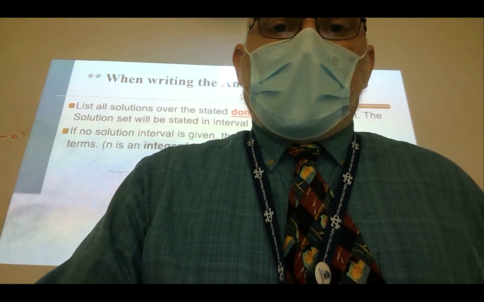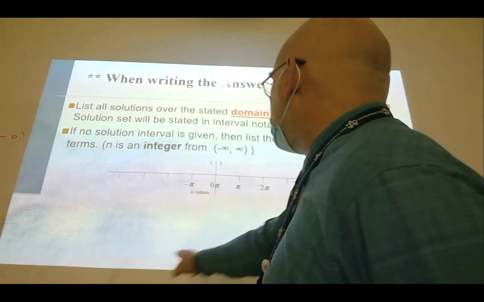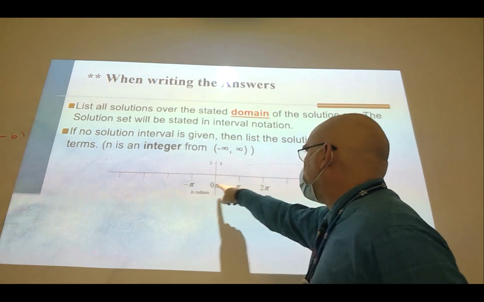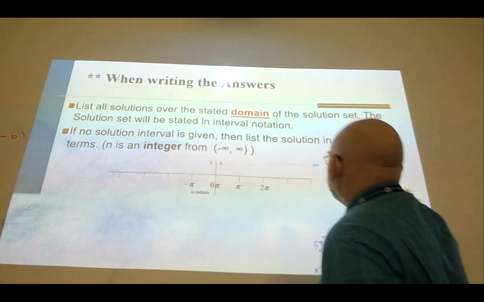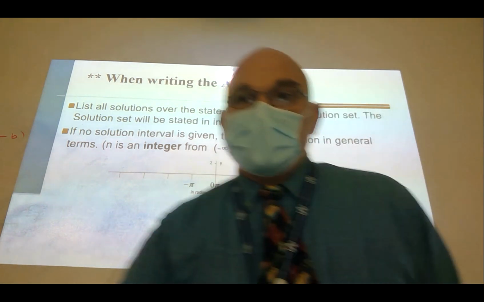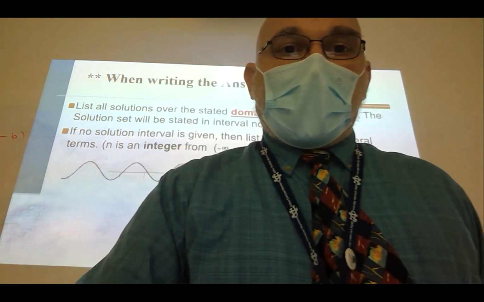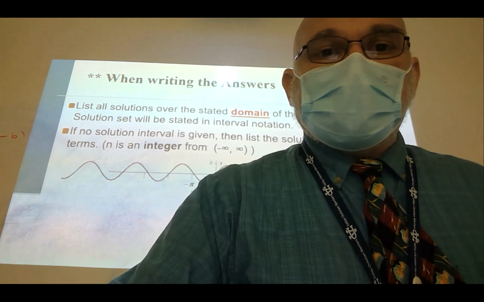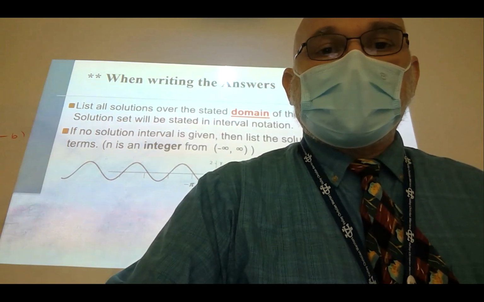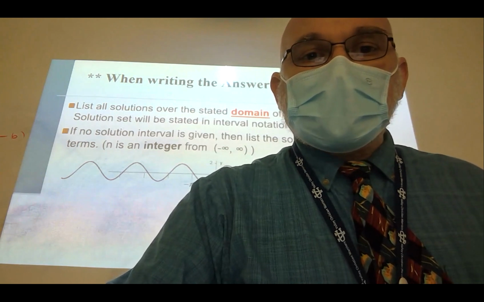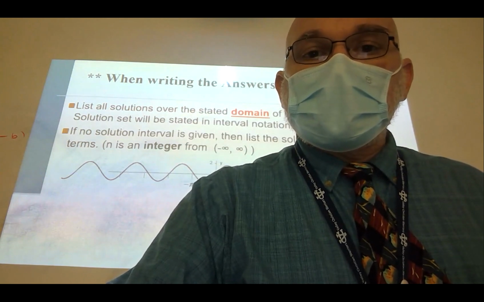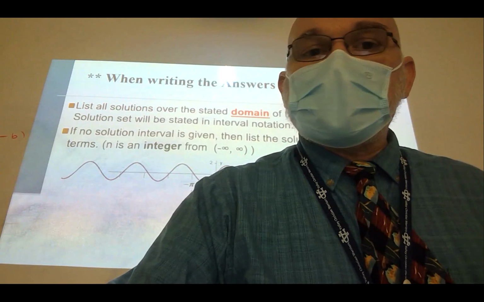So on the unit circle it's between 0 and 2 pi, but a graph goes infinite in both directions, right? So if I wanted to graph sine of x, it's going to look like this, okay? And it has an infinite number of iterations, right?